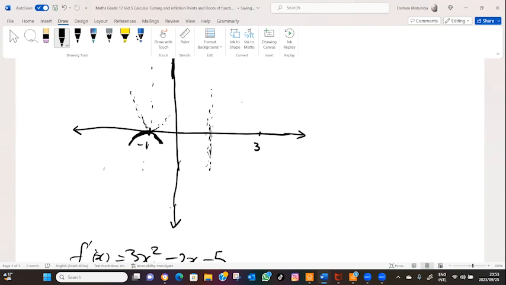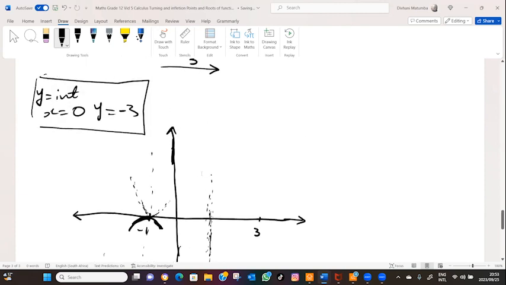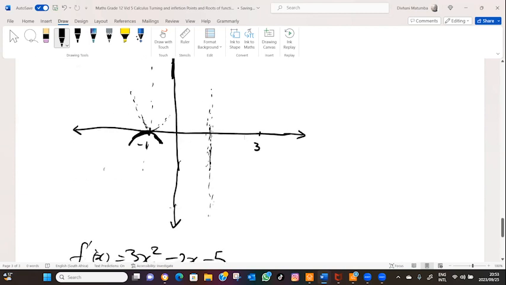And then if it's like that, we also have a y-intercept, which is minus 3. So this graph will cut at minus 3. Now the other curvature is here at 5/3.